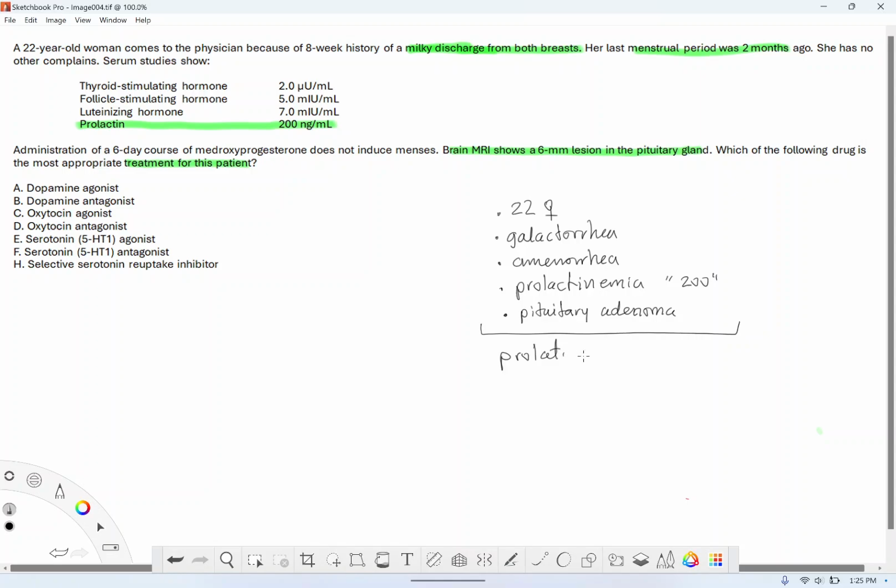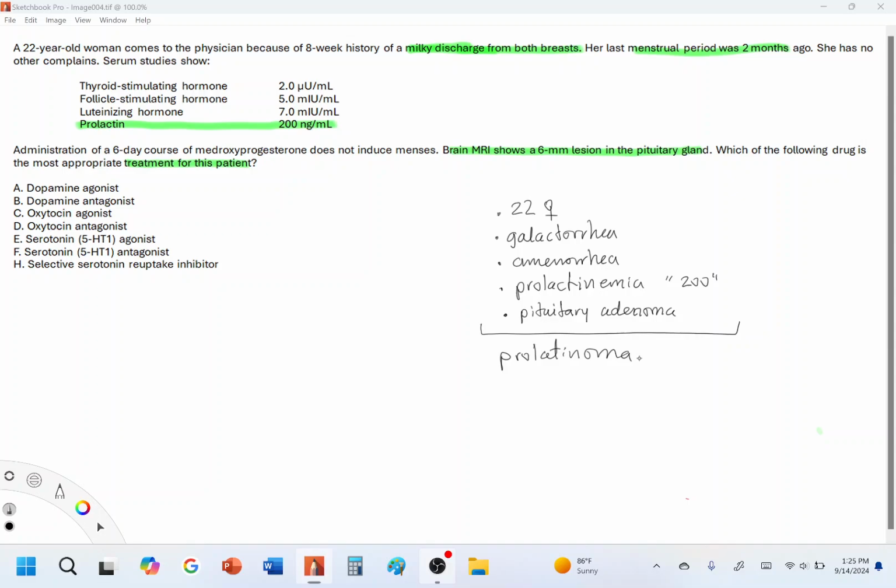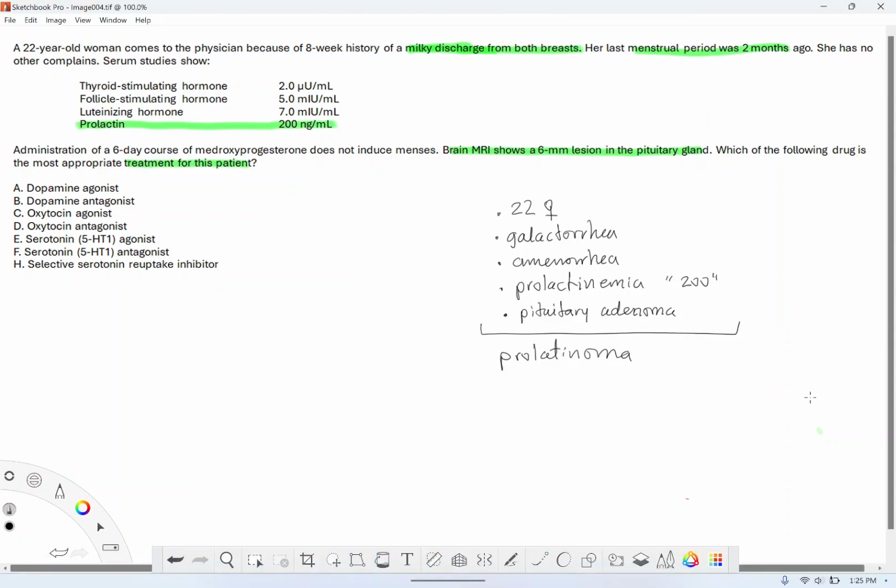This is prolactinoma 100%. But if I get the symptoms of galactorrhea, amenorrhea, and hyperprolactinemia, I'll be suspicious. What helps me make this diagnosis of prolactinoma is the MRI.